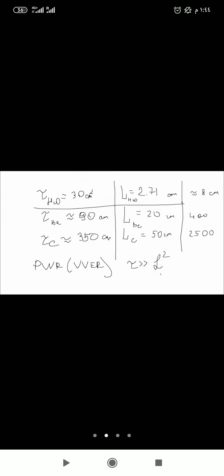Therefore, for our calculations, P could be calculated as a function of ln k infinity divided by the migration length.